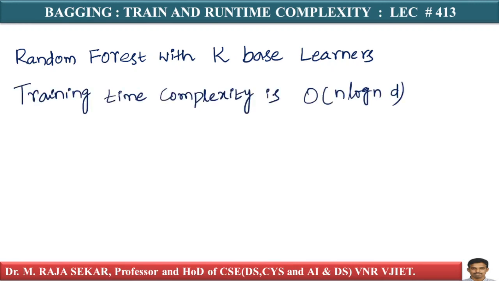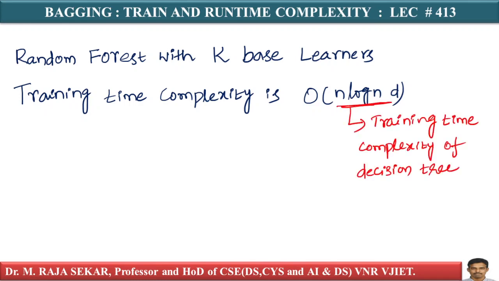The training time complexity is order of n log n into d. What is this n log n d? It is basically the training complexity of a decision tree, multiplied by k, isn't it?